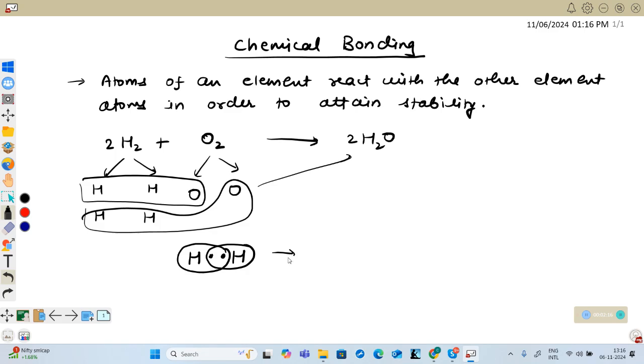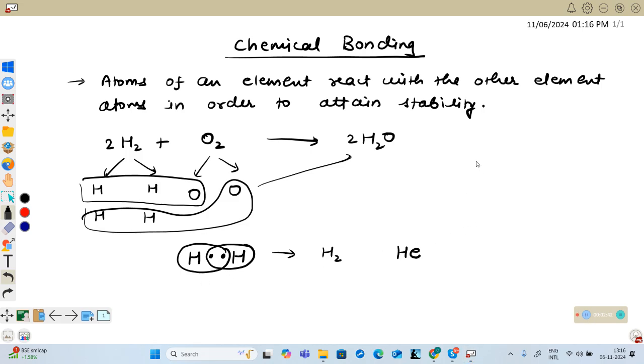So now this is H2 and H2 has helium's electronic configuration. You know that group 18 elements are called noble gases because they are not reacting, they exist in atomic form. So atoms combine in such a way mostly so that they can attain nearest noble gas electronic configuration, right?